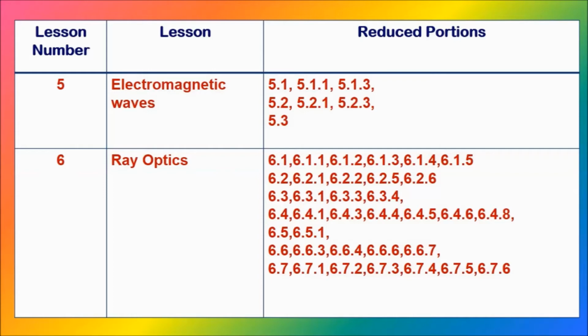Then unit 6, ray optics: 6.1, 6.1.1, 6.1.2, 6.1.3, 6.1.4, 6.1.5, 6.2, 6.2.1, 6.2.2, 6.2.5, 6.2.6, 6.3, 6.3.1, 6.3.3, 6.3.4, 6.4, 6.4.1, 6.4.3, 6.4.4, 6.4.5, 6.4.6, 6.4.8, 6.5, 6.5.1, 6.6, 6.6.3, 6.6.4, 6.6.6, 6.6.7, 6.7, 6.7.1, 6.7.2, 6.7.3, 6.7.4, 6.7.5, 6.7.6.